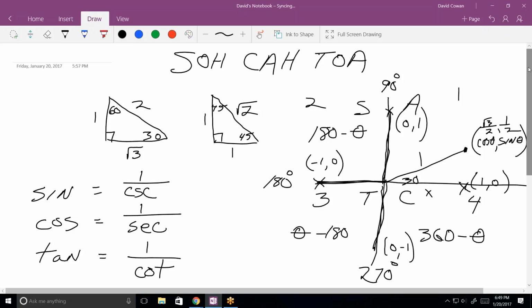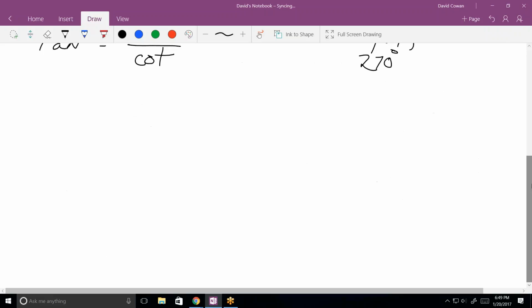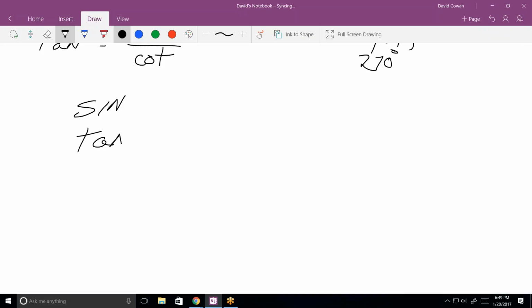Now, what do I mean by odd and even, as long as we're talking about it? Sine and tangent are both odd. If you remember, odd functions have this property. The sine of negative x is the same as minus the sine of x.